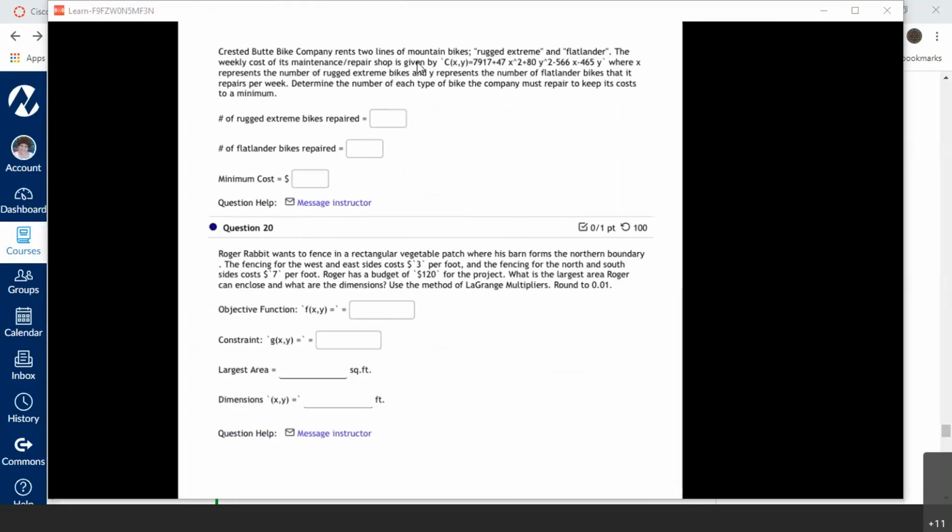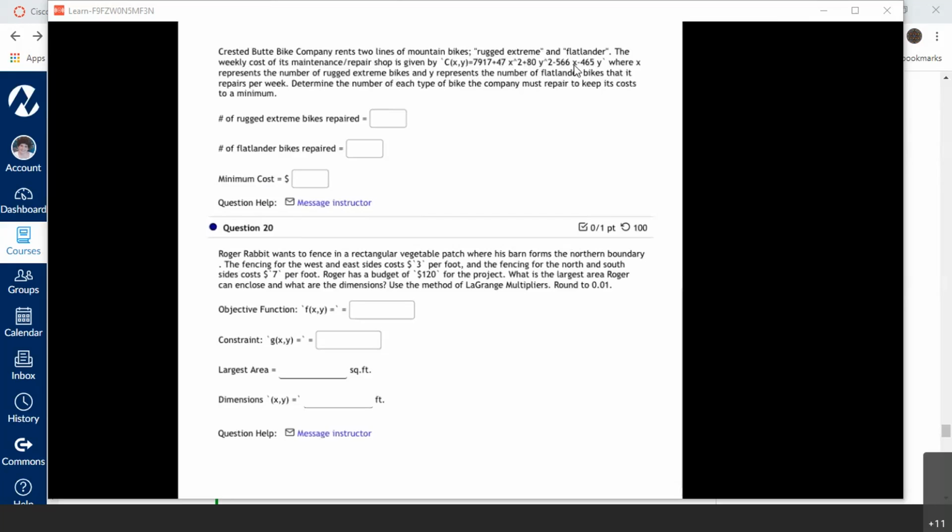Okay, Crested Butte Bike Company, I seem to remember this one from the homework, rents 2 lines of mountain bikes, Rugged Extreme and Flatlander. I guess I'd rent the Flatlander. The weekly cost of its maintenance repair shop is given by C of XY.